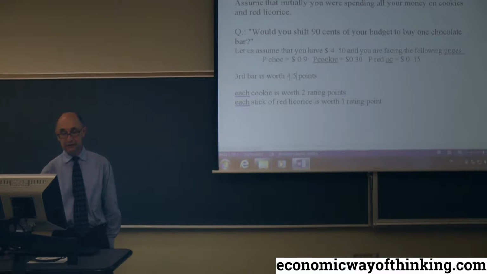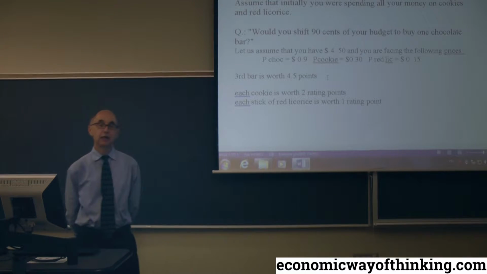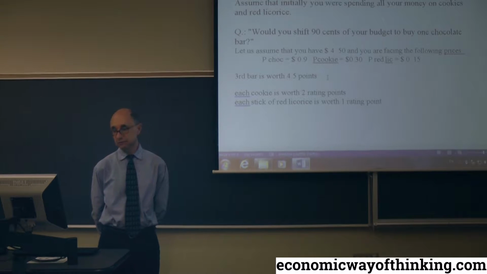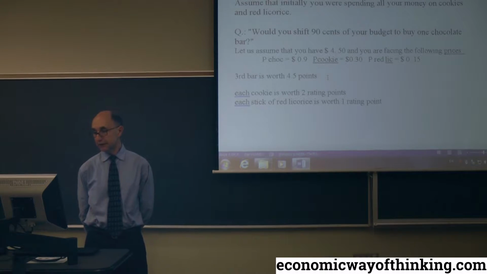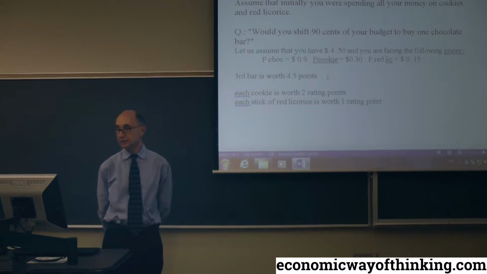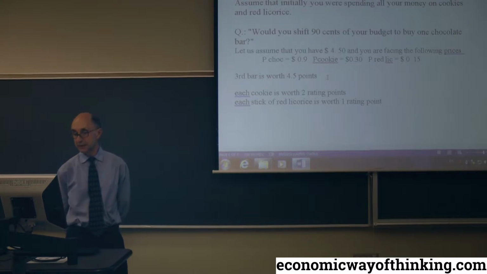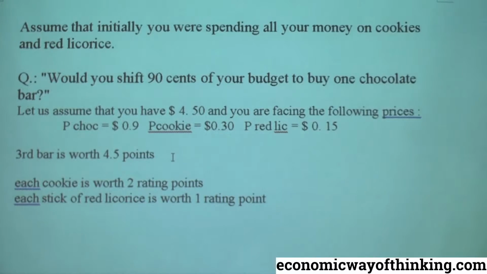Looking at this situation, you would say, oh no, I wouldn't be better off buying this third bar, right? Because my gain will be less than my loss. So the conclusion is, when the price is 90 cents, you will be buying 2 chocolates.